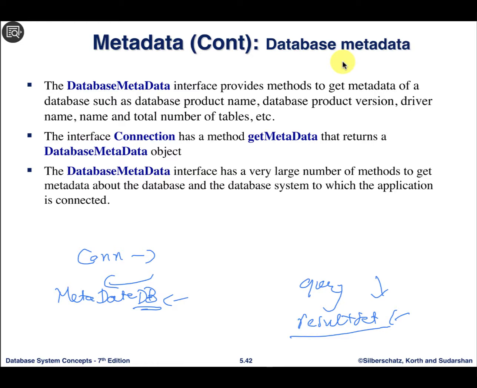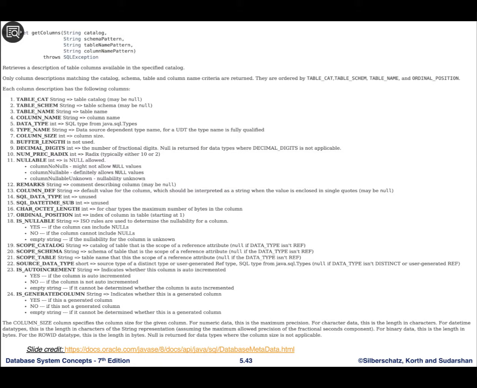There are too many methods, okay? This is one example. Sometimes when you try to access data, you know that you need to consult the manual to get more details. So you notice here, in order to get the columns, for example, I need to retrieve the description of the tables and columns available in a specific catalog.